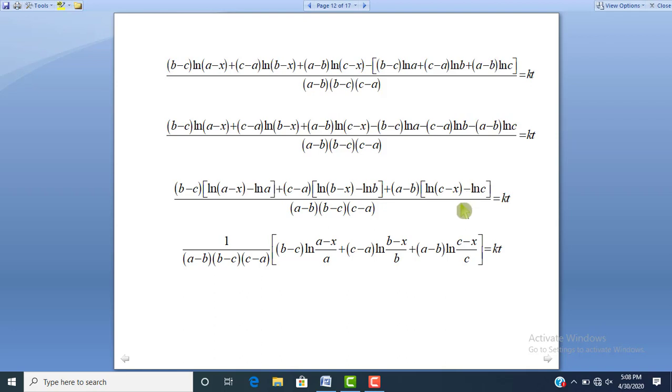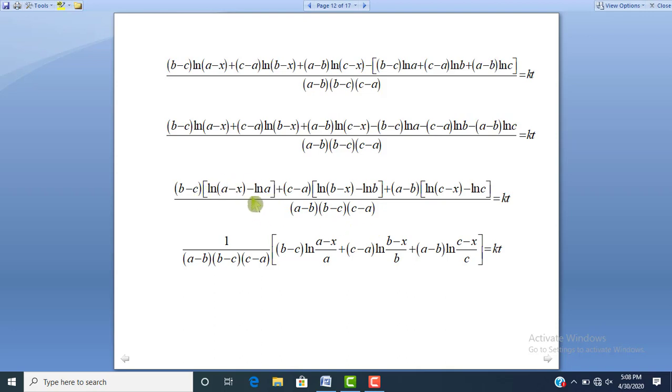So when we apply the rules of logarithm that you have studied in your lower class, let us suppose we have log m minus log n, log a minus log b, then how can we solve the equation? Just writing log a over b.